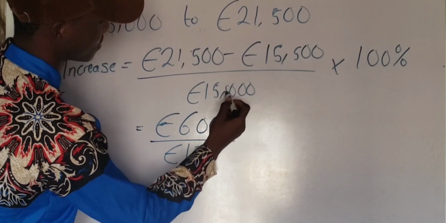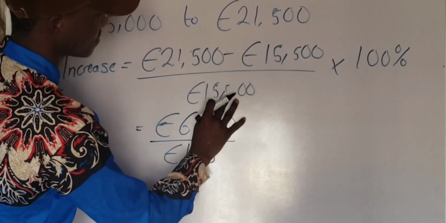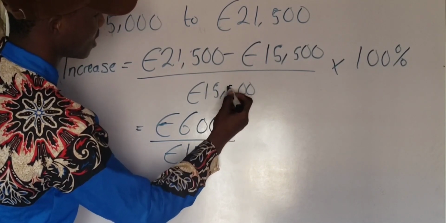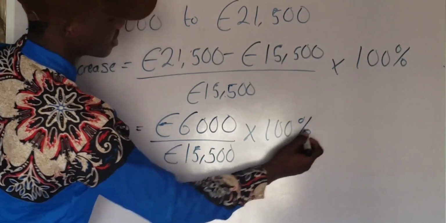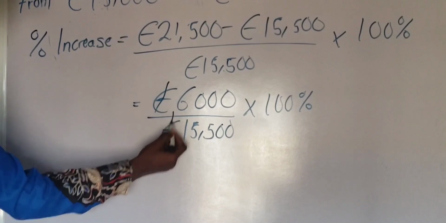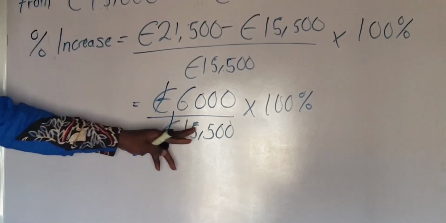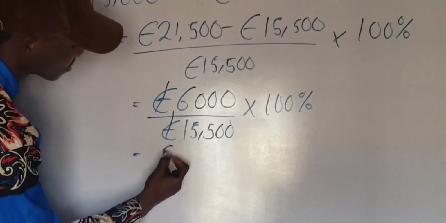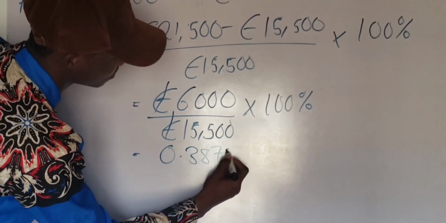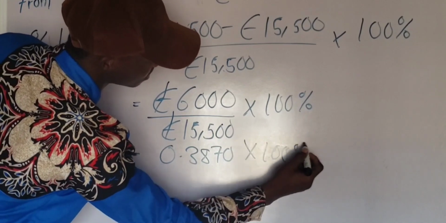It's not 15,000, it's 15,500, okay? 15,500 multiplied by 100%. So this euro will cancel this euro. So I'm going to have 6,000 divided by 15,500. That is 0.3870. So I'm going to have 0.3870 multiplied by 100%. Okay?